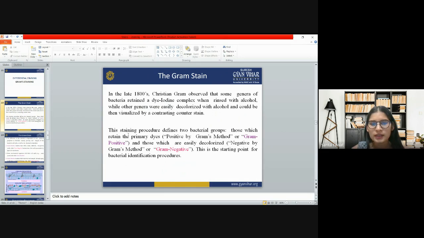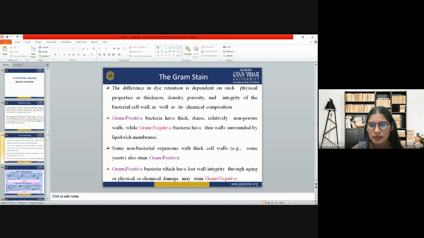So this stain procedure defines two bacterial groups: those which retain the primary dye, positive by the Gram method or gram positive, and those which are easily decolorized, negative by the Gram method or gram negative. So this is the staining point for the bacterial identification procedure.